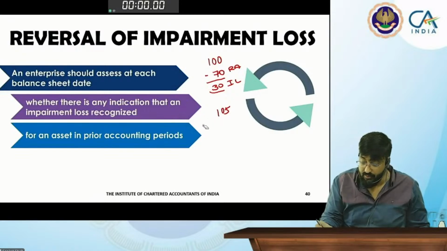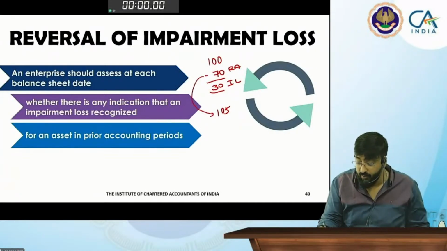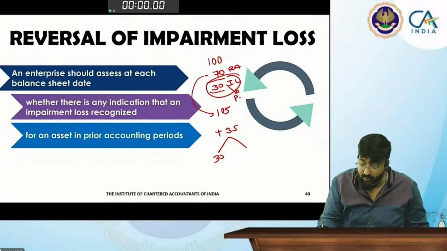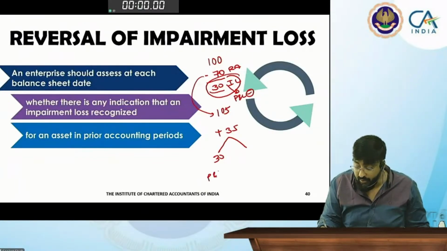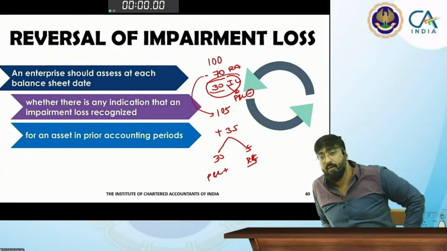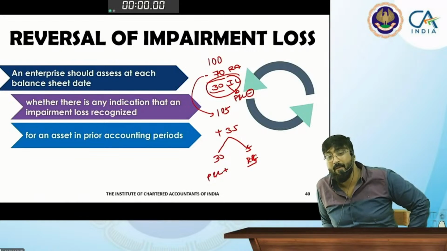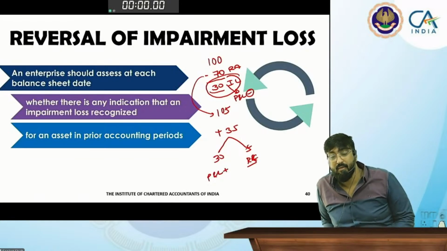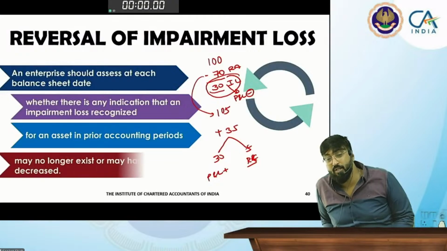So from 70 to 105 means there is an increase of 35. But out of that, 30 I already reduced from P&L. So now I increase it through P&L and 5 rupees I will transfer to revaluation surplus. Got the concept? Easy. So the second time it is upward revaluation.